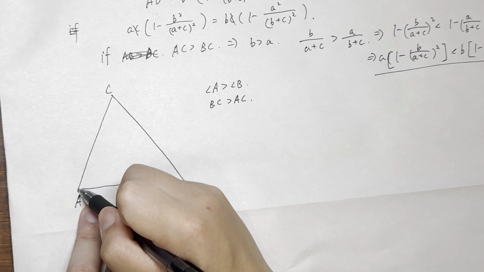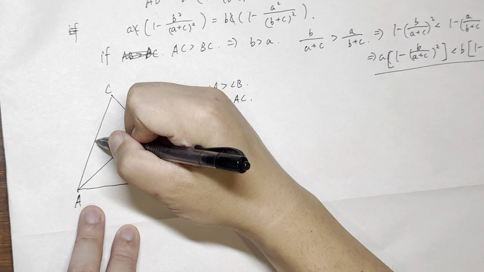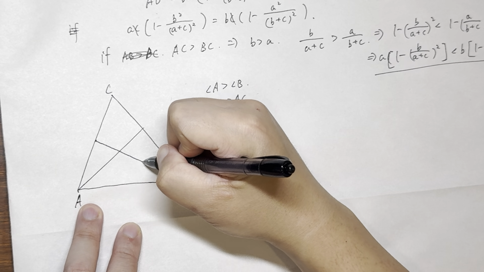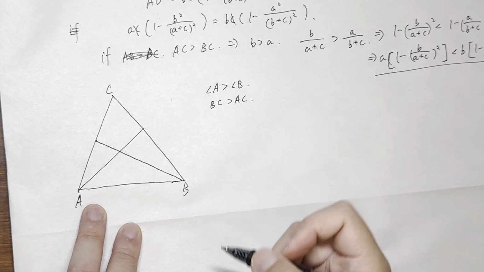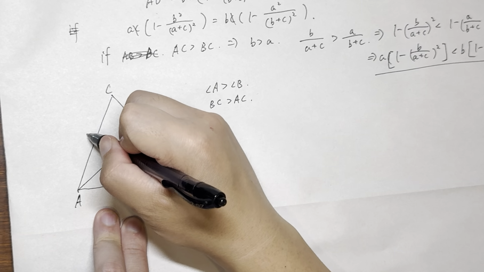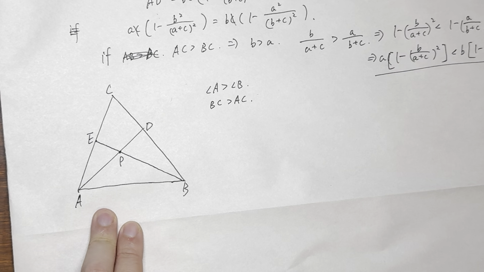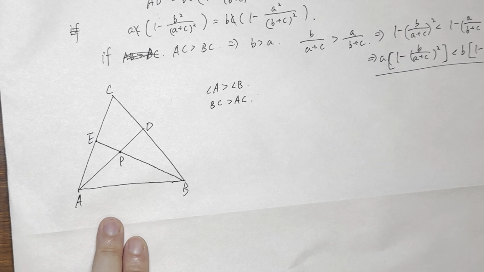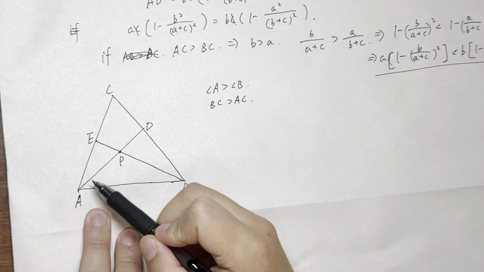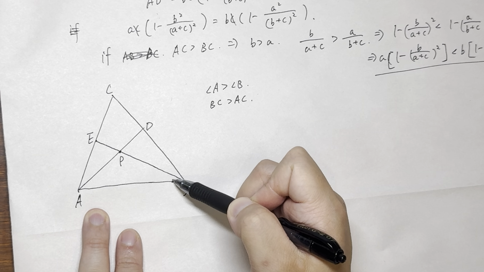We still have the angle bisectors here, D, E. This point is P. So we know that half of angle A is larger than half of angle B.